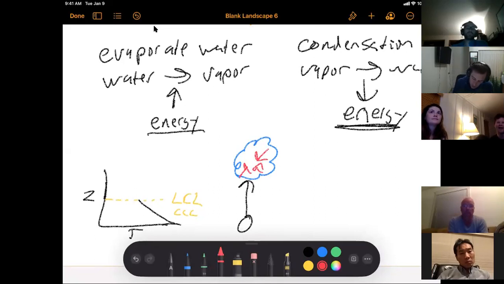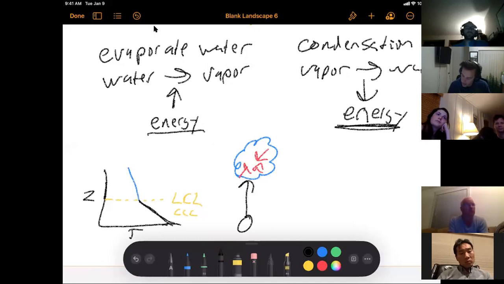So now if we are decreasing our temperature as we go up in height, and we start adding energy into the parcel, it basically means that once we condensate, we will cool at a lower rate as long as we are still condensating water.